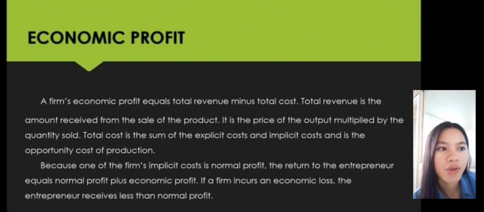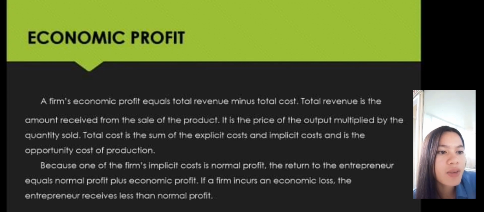So para makuha nato si economic profit, ato i-determine ang total revenue, then i-minus nato sa total cost. So, what is total revenue? So, total revenue is the amount received from the sale of the product. So, kung ano ito ng ka-sell na product, sale of the product, amo yan to siya ang total revenue niyo.